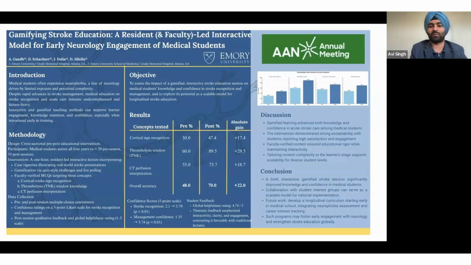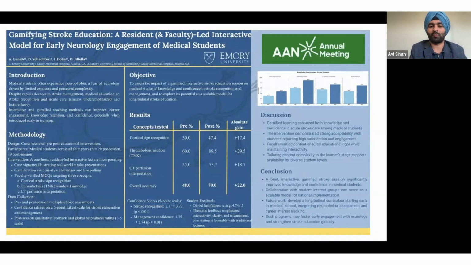This was a concept emphasized through a 2-minute micro teaching session and yielded better results in terms of students understanding the value of recognizing cortical signs than just cramming what cortical signs were. Another concept that was tested was the window of acute intervention. A lot of students initially did not realize the difference in the windows for intravenous thrombolysis and mechanical thrombectomy.